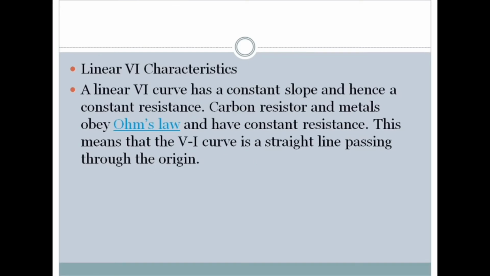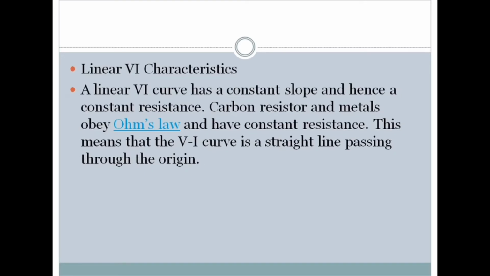Now the conductors which obey Ohm's law are called ohmic conductors, and when we plot a graph between current and voltage for such conductors, we get a straight line. So a linear VI curve has a constant slope and hence constant resistance. For example, carbon resistors and metals obey Ohm's law and have constant resistance.